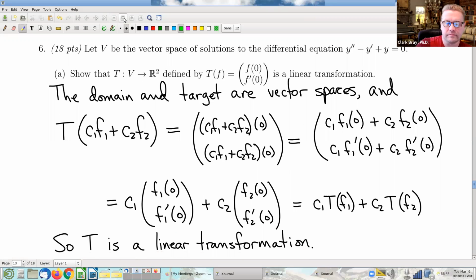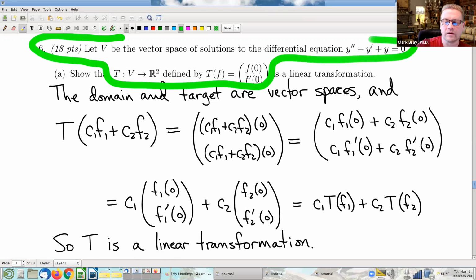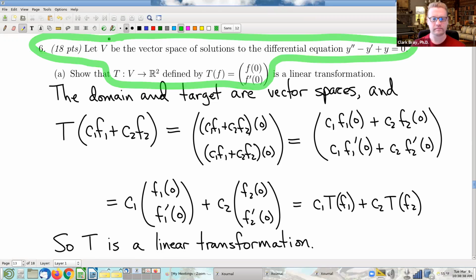All of this right here: we have a vector space of solutions to the differential equation and then a linear transformation from that vector space into R2, namely, what are the initial values corresponding to that solution?